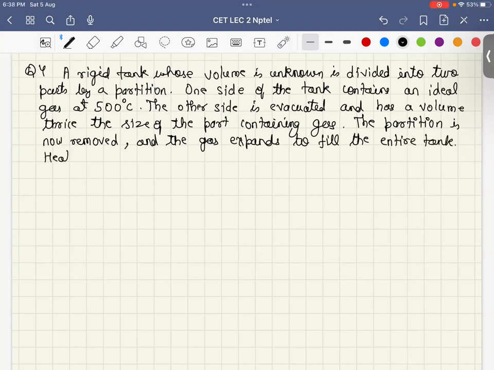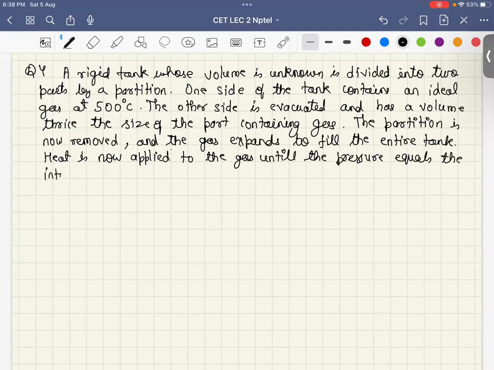And heat is now applied to the gas until the pressure equals the initial case. And we are asked to determine the final temperature of the gas.